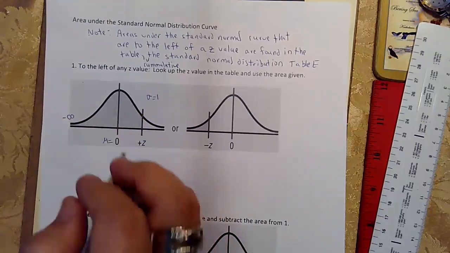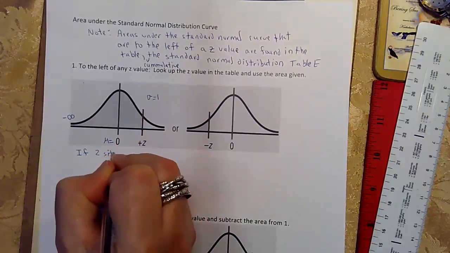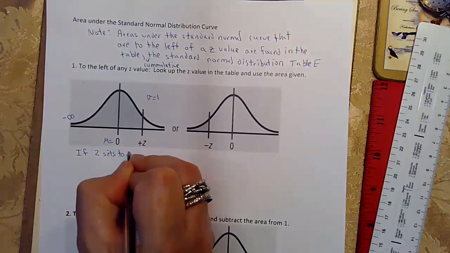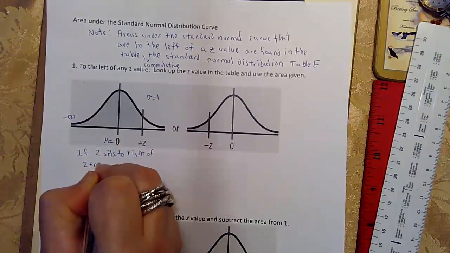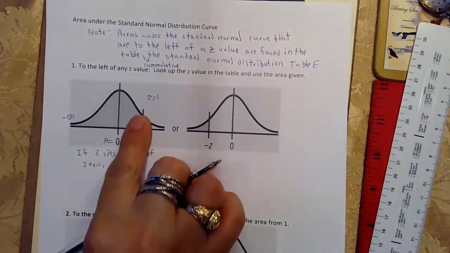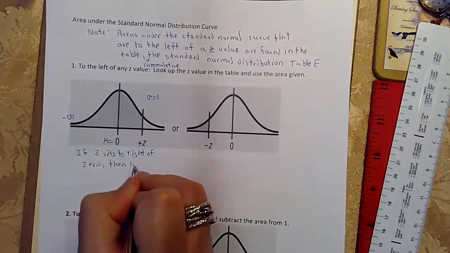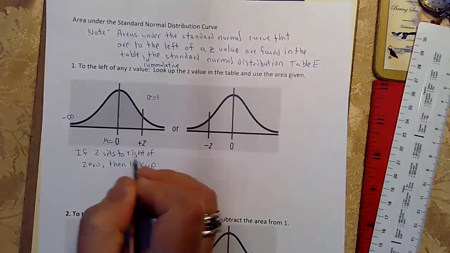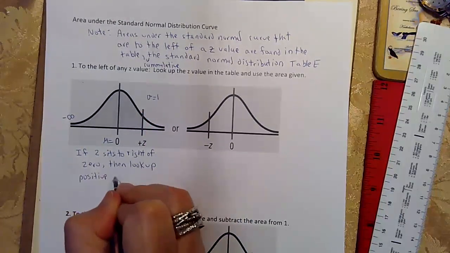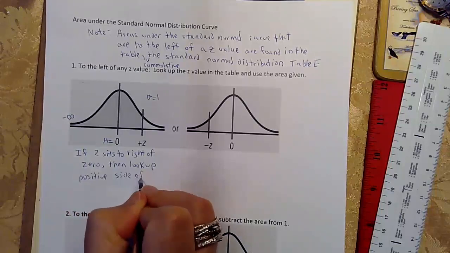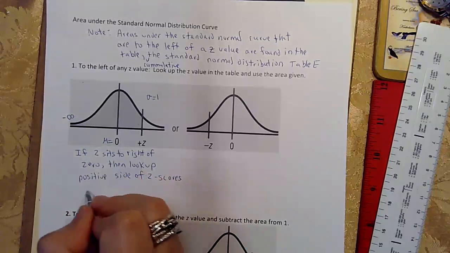If z sits to the right of 0, then we want to look up the positive side of z scores on the table.